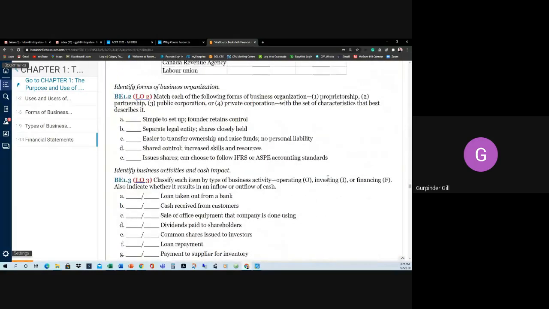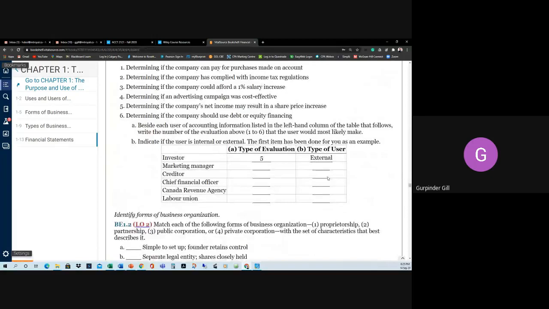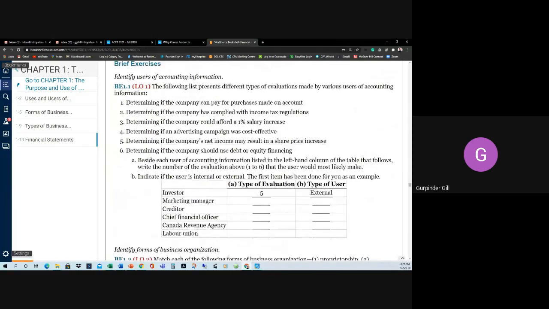BE 1-1, here we are. Okay, so the following list presents different types of evaluation made by various users of accounting information. So what are we doing here? We are saying what type of evaluation and what type of user this is. Situation 1, determining if the company can pay for purchases made on account.